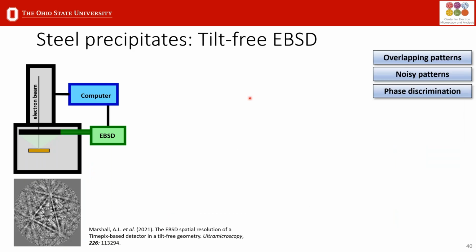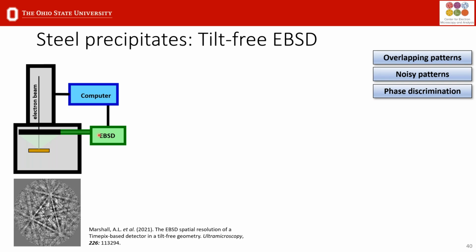An alternative way to improve the spatial resolution of the EBSD analysis, we also have this experimental EBSD camera that operates in a flat geometry. So in this case, our sample is at 0 degree tilt, and then the detector slides in like a backscatter detector, and it sits above the sample.